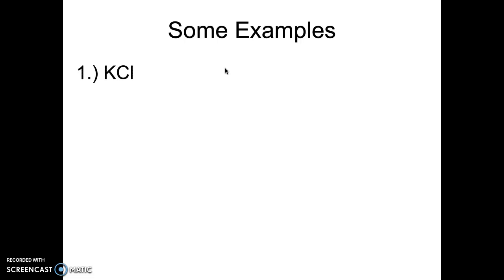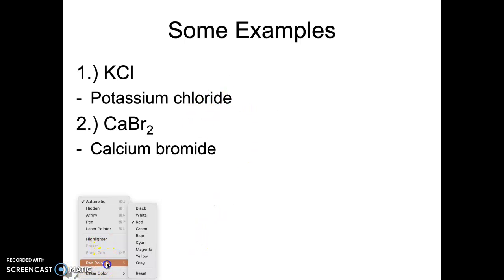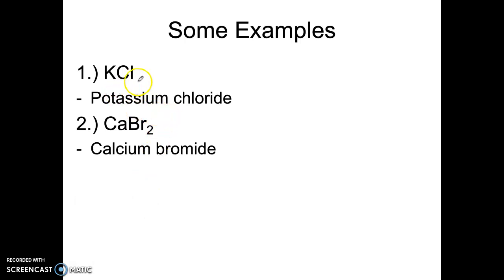So some examples. This would be potassium chloride, calcium bromide. So you can see we have, let's get my pen here, we have potassium as our parent element. Chlorine, we take off the ending and add IDE to the end.